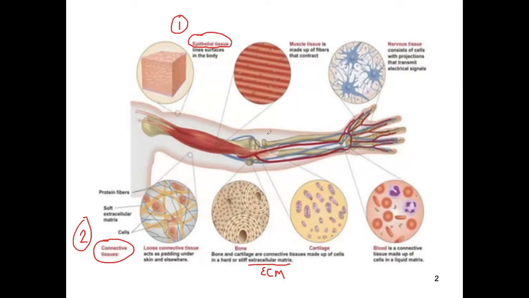Now, if we look at this picture, we have an arm, and on the top and on the bottom where I have numbered 1 and 2, it's only showing two of the four classifications. In number 1, it says epithelial tissue, where it lines the surfaces in the body.